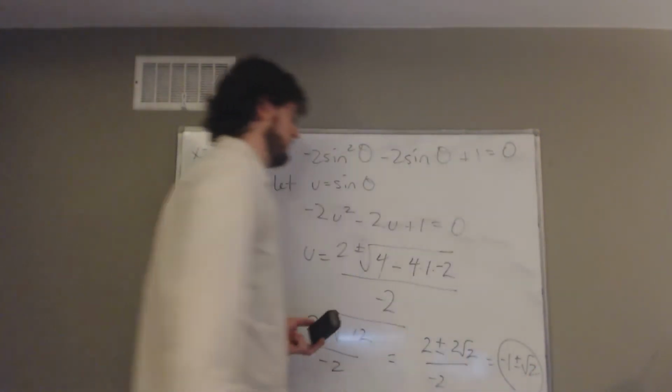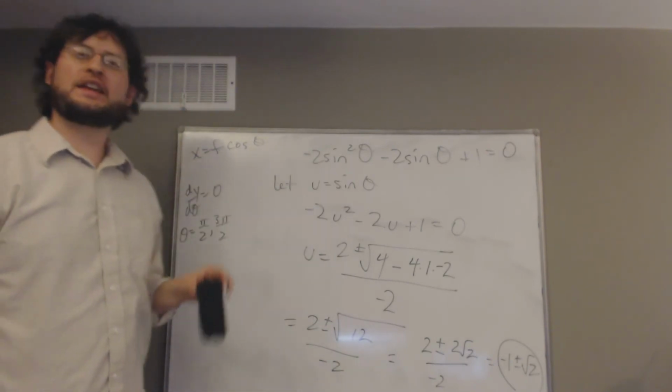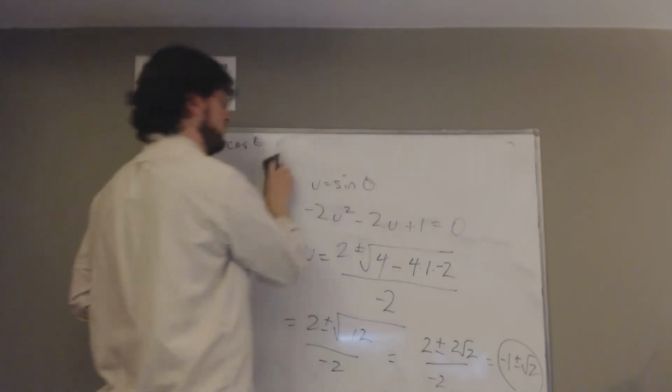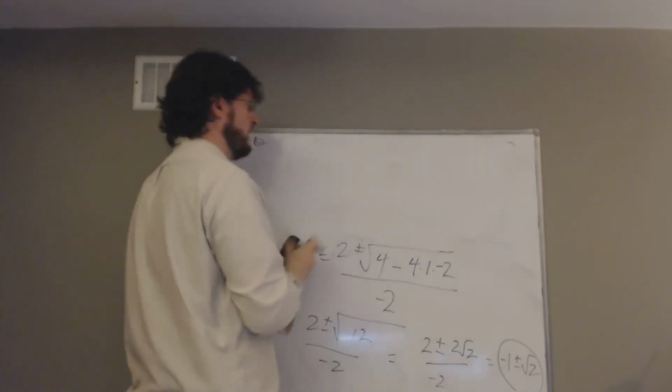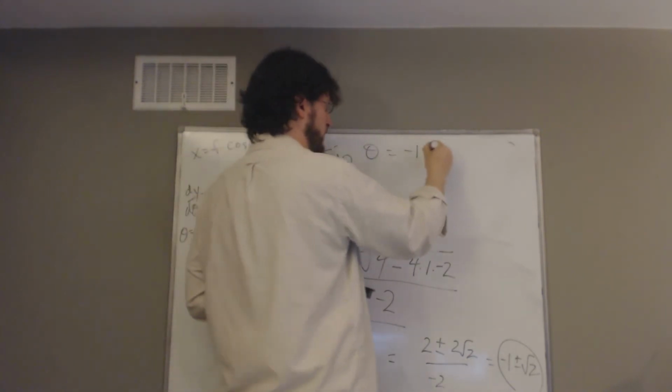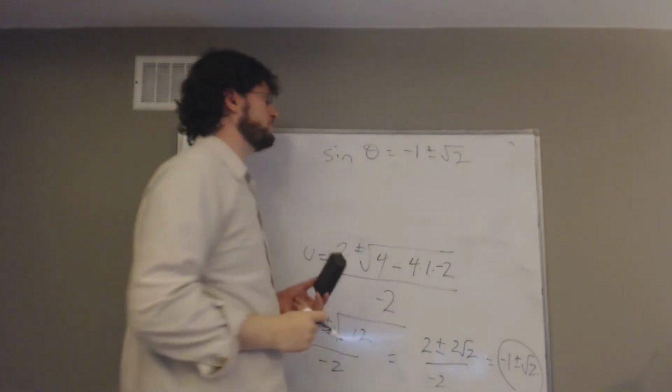And so that gets me 2 values. But u is sine theta, right? So what we really then are looking for is sine theta is equal to -1 plus or minus the square root of 2.